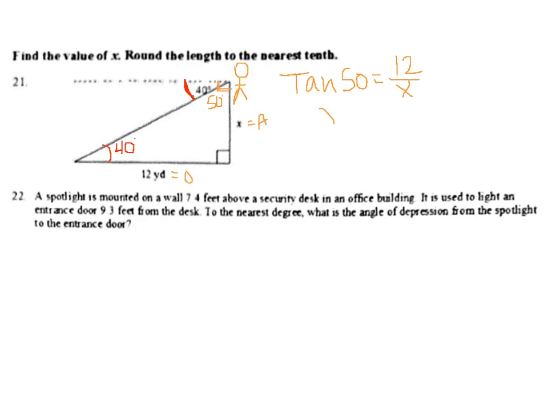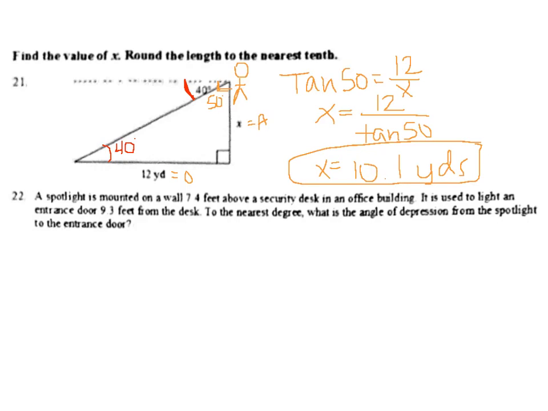So I have x equals 12 divided by tangent of 50. I'm going to put that into my calculator and round to the nearest tenth, and what I should get is 10.1 yards.